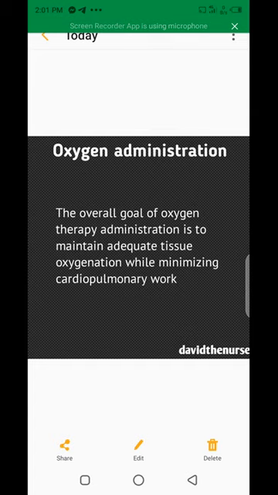So I'll be talking very briefly about one of the oxygen delivery devices. There are various non-invasive oxygen delivery devices you can use. Non-invasive means you don't need to intubate and go into the lower respiratory tract of the patient or go beyond the nostrils, the nose.